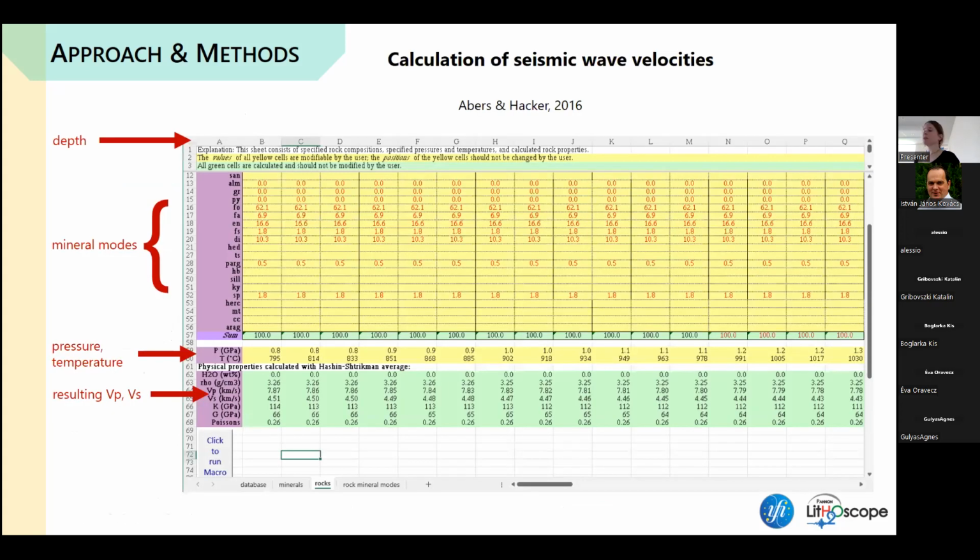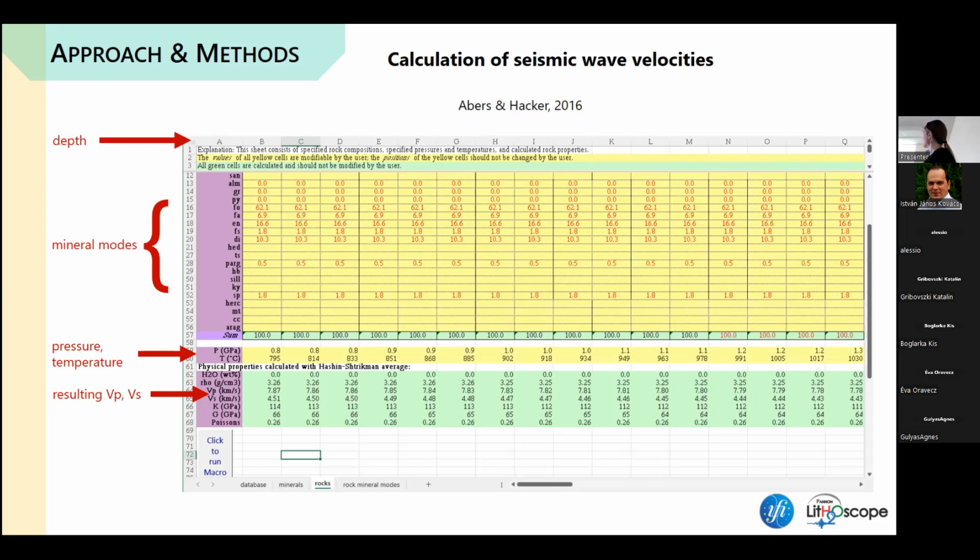But first, I would just like to show that once we have these lithological columns, we can calculate the seismic velocities with depth by using the macro Excel sheet of Abers and Hacker, because we can just input a mineral model composition for each depth section.